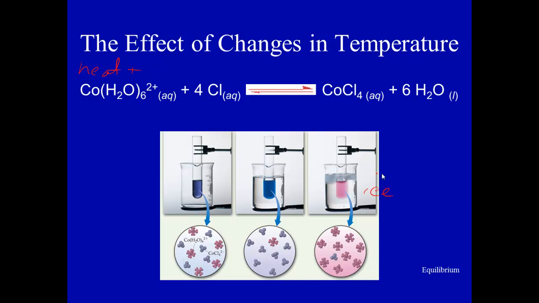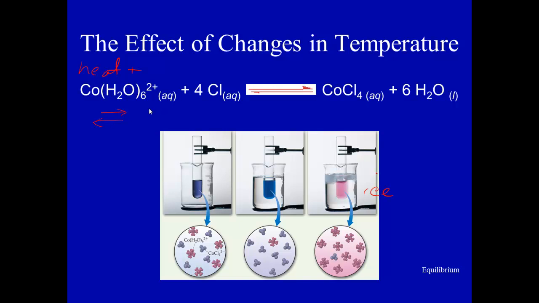With an endothermic and an exothermic reaction, essentially, if you just treat temperature like concentration, it works out. So if heat is on the reactant side and I add in more heat, it's going to shift to the right. If I reduce the heat, it'll shift to the left.